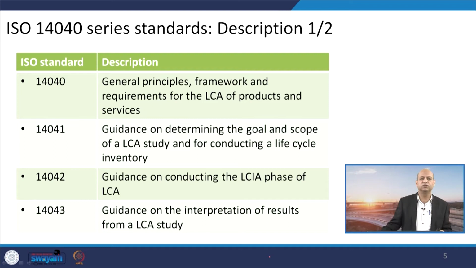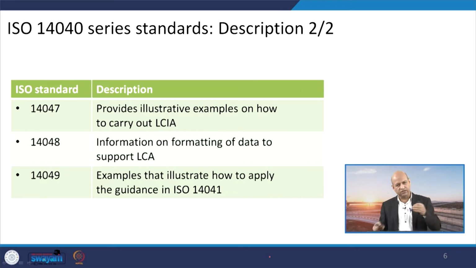Next is 14043, which gives guidance about interpretation of the results which have come from the LCIA study or those inventory related analysis and the overall LCA study. The next one is 14047, which provides examples, so that clarity develops in our mind.